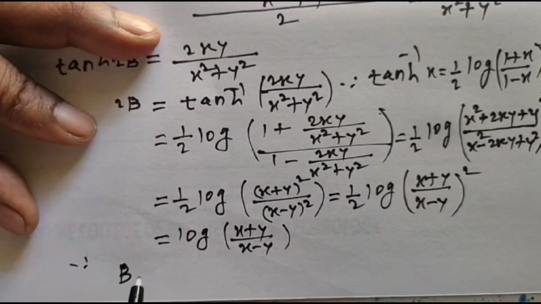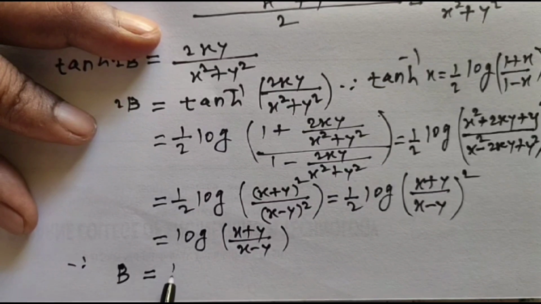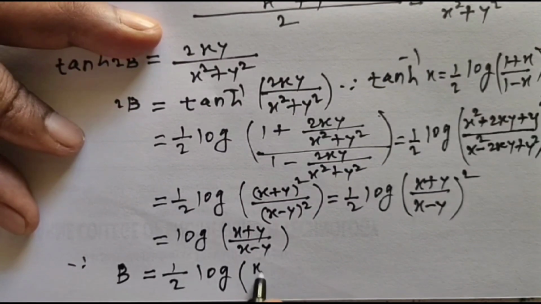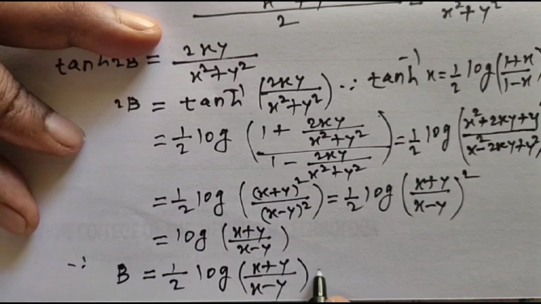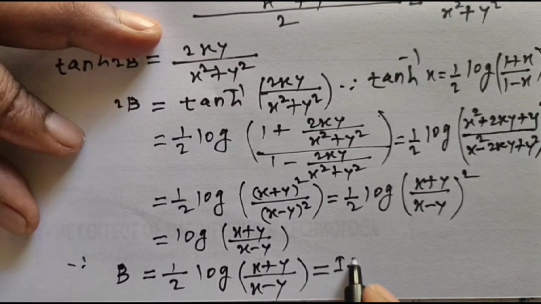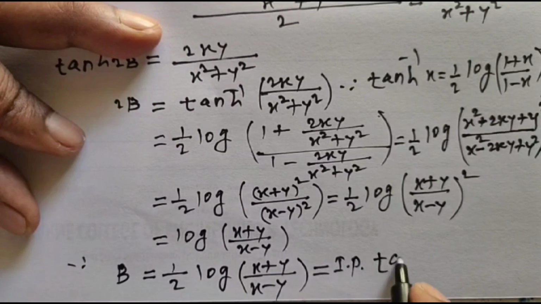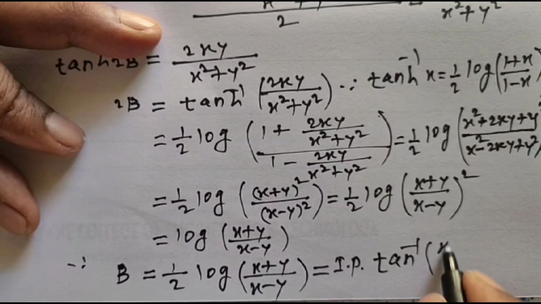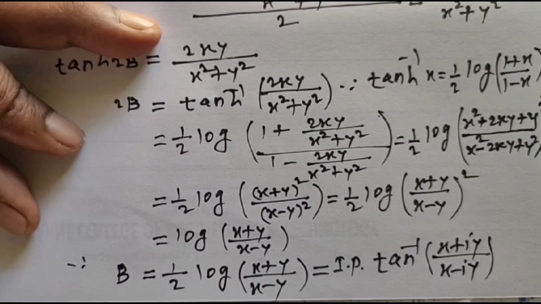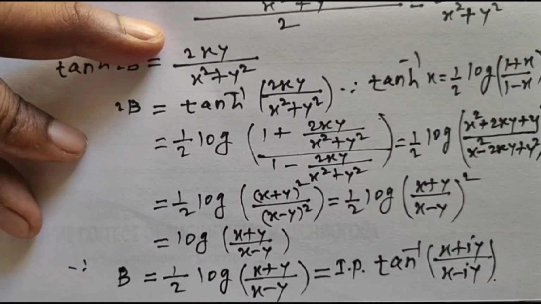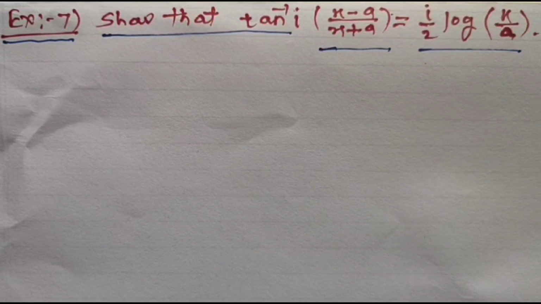Hence b is equal to 1 by 2 logarithm of x plus y divided by x minus y, which is the imaginary part of tan inverse of x plus iy divided by x minus iy. Hence the proof.